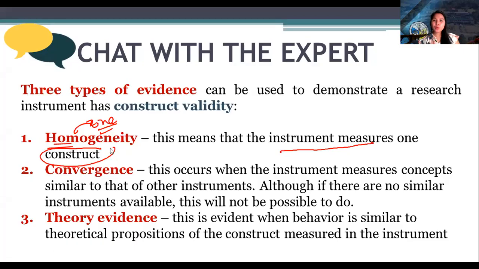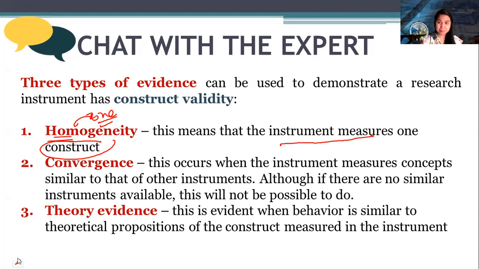Now, for example, we will have a question on attitude towards mathematics. I'm really sorry, my examples will all be on math because that's my research field. For example, attitude towards mathematics and also on their academic performance.